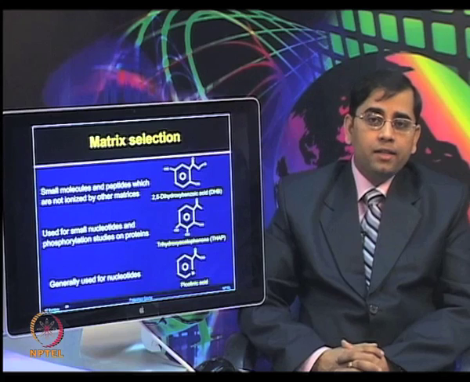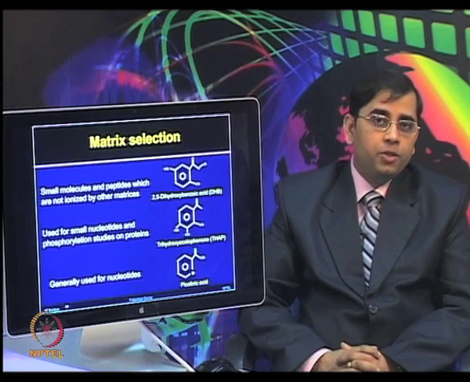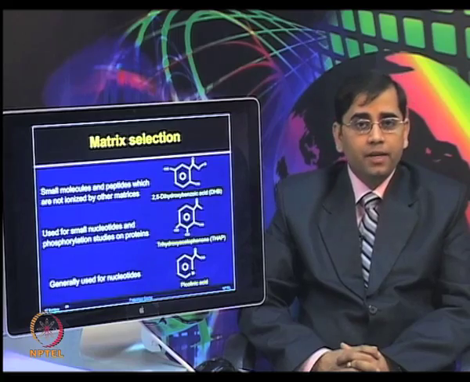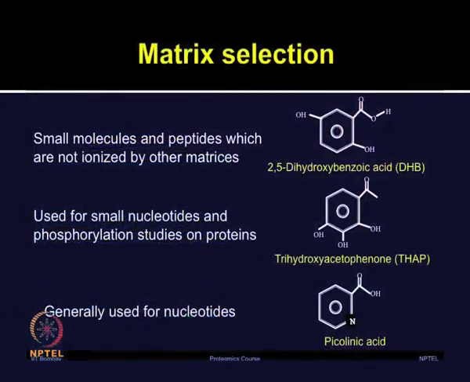Then you have options such as 2,5-dihydroxybenzoic acid, also known as DHB. Small molecules and peptides which are not ionized by other matrices can be analyzed by using this matrix. Trihydroxyacetophenone, THAP, is used for small nucleotides and also for phosphorylation and specialized applications.